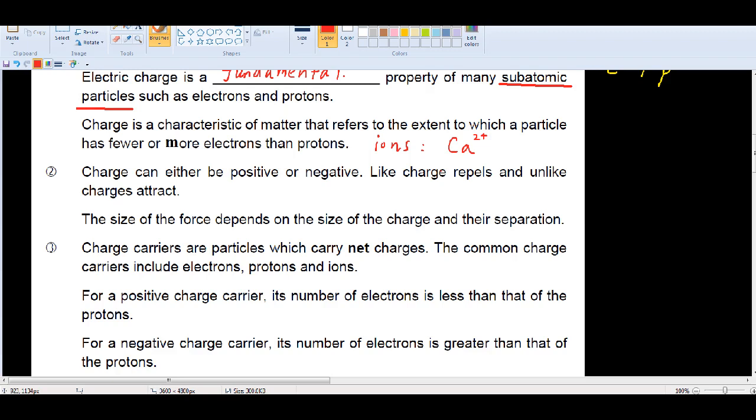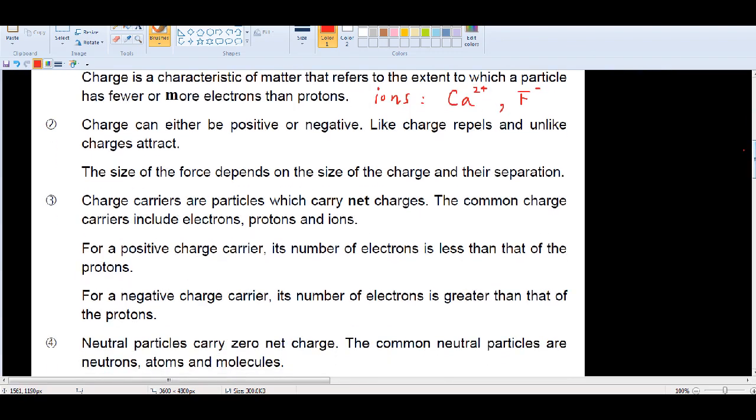That means you have 2 more protons than electrons in that calcium ion. If you have a fluoride ion, which is minus, this time you have 1 more electron than proton.